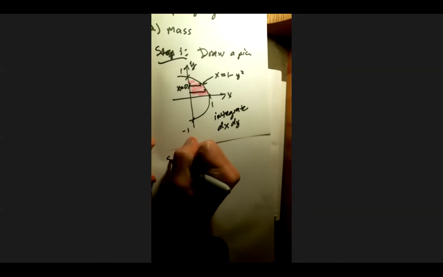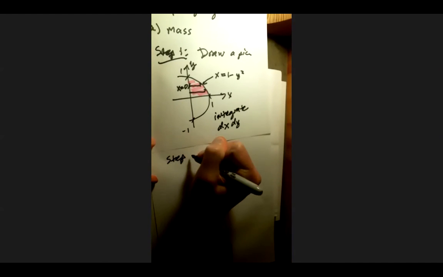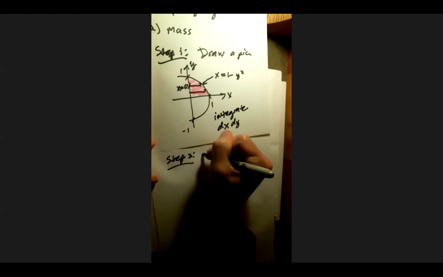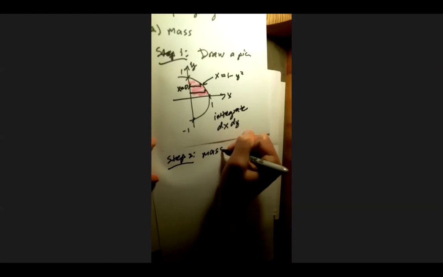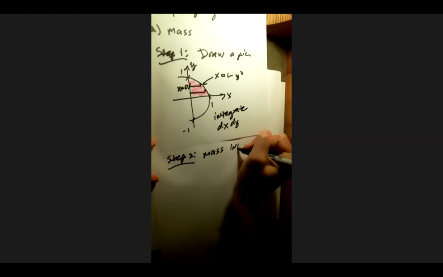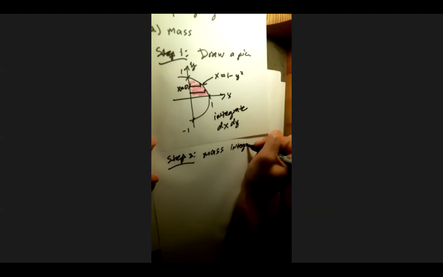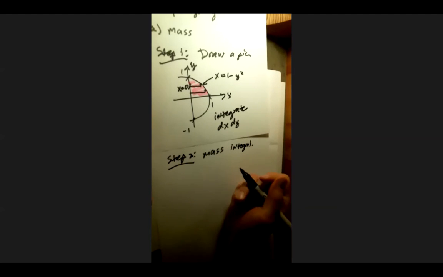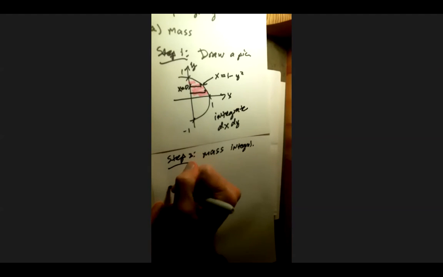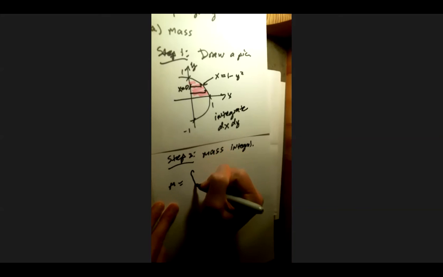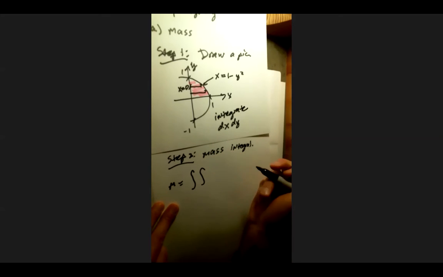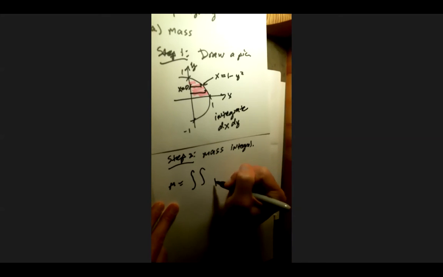So step 2 is a mass integral. Okay. And so our mass is going to be the double integral over our region.